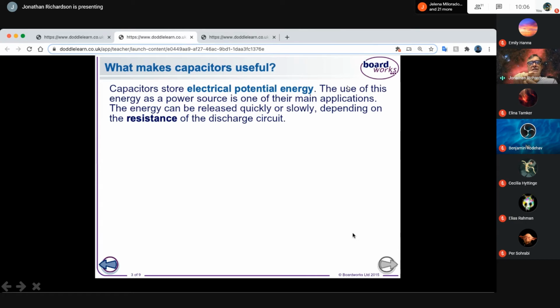And by changing the value of this resistor, we can change the rate at which the capacitor discharges. So we can make it discharge very quickly, which you do, for example, when you take a flash using a camera. You don't want the flash to go over a long period. You want that energy immediately. So a capacitor is the ideal thing to use.